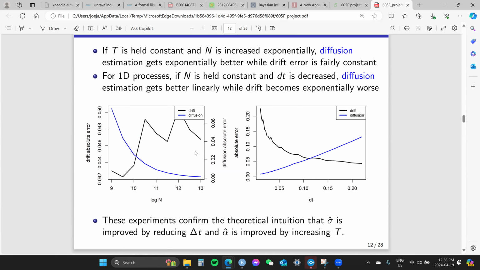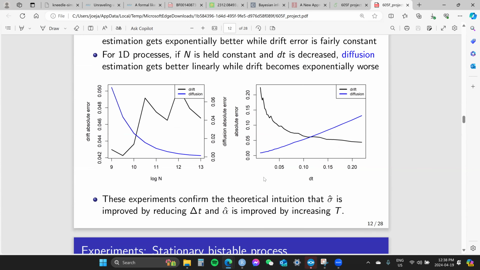And we see that the diffusion error decreases as we increase the number of observations, while the drift error stays quite constant because we're not changing big T. And then if we hold N constant, so the number of observations, and delta T is decreased, then diffusion gets better, while drift becomes exponentially worse because big T is decreasing as dt decreases.